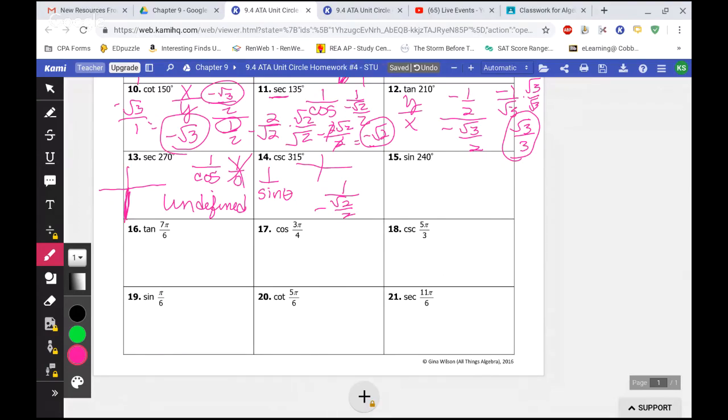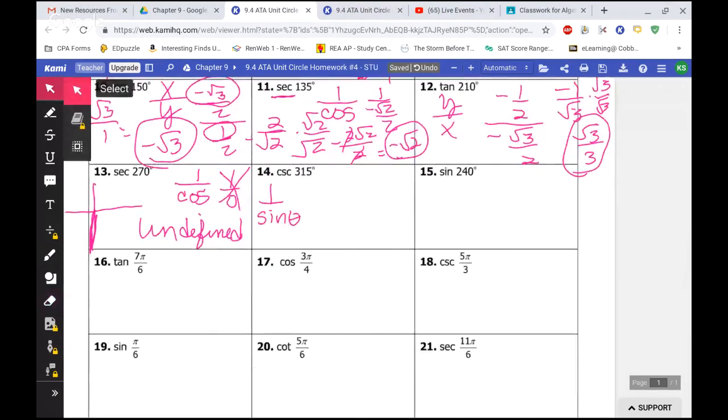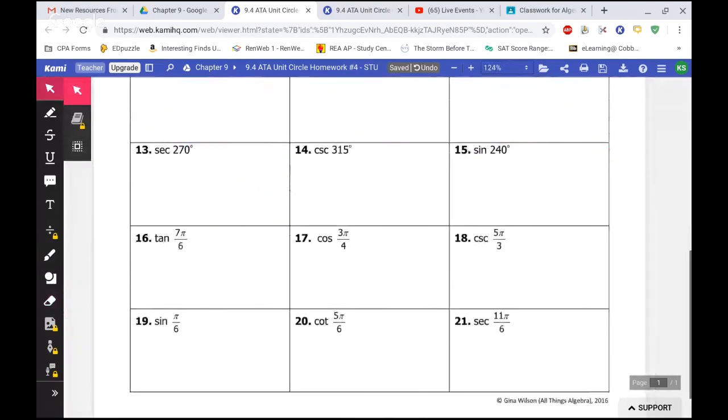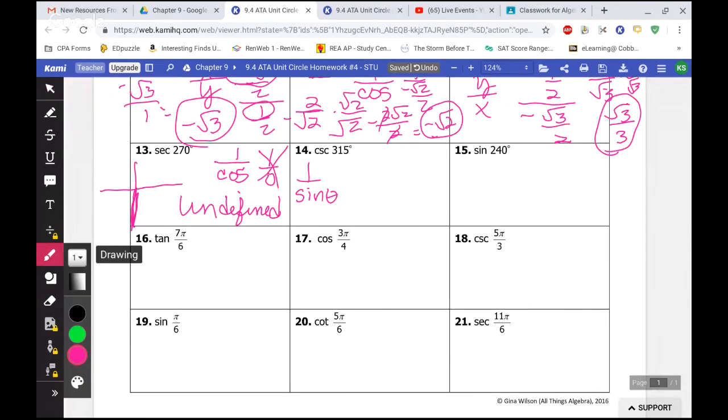So that gives me, I'm going to erase some of this stuff so I have room. These boxes are little. Let me see if I can make it a little bigger. 1, and that's negative. So if I keep flip change, that's going to give me 2 over root 2. And I've got to rationalize the denominator.